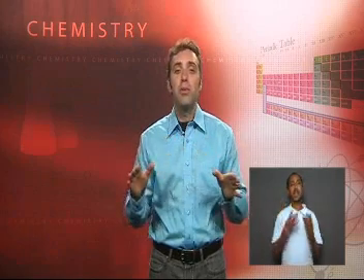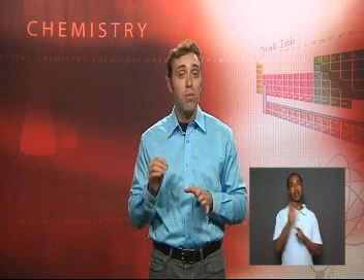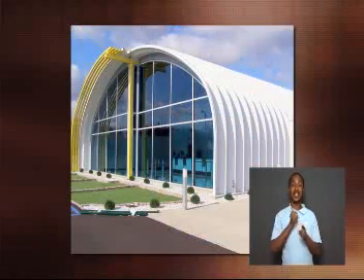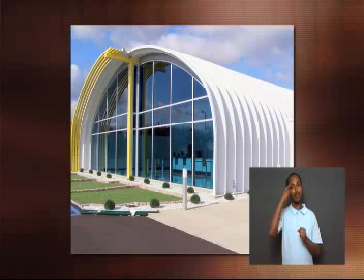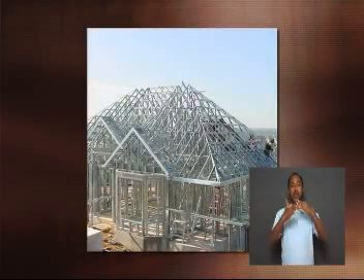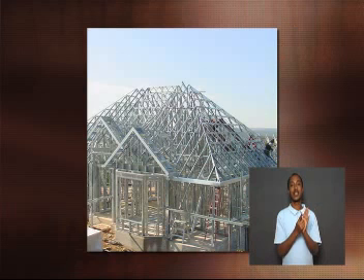Welcome back, students. There are many uses for steel that you might have thought of. You may have said that steel can be used for building things. Some tools and machinery are made of steel, and building supplies such as framing, siding, and roofing can also be made of steel.